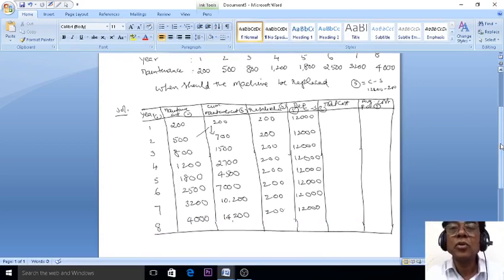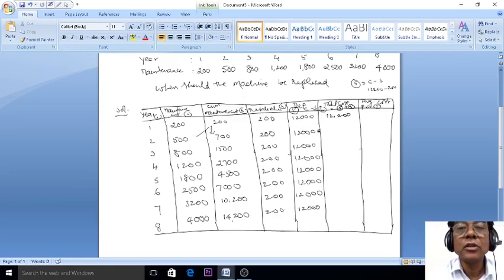Now total cost. Total cost is equal to the fifth column plus the third column value. So what is the fifth? 12,000 plus 200, 12,200. 12,000 plus 700, 12,700. 12,000 plus 1,500, so 13,500.